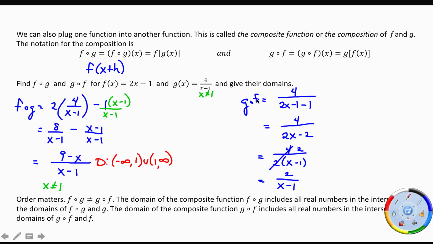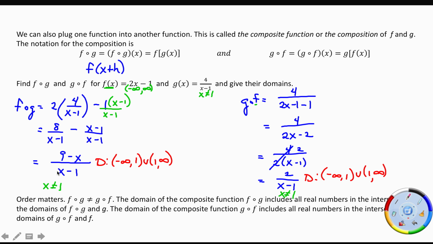If I were asked to find the domain for this function, I find the domain for my combined function and the domain for the one that was plugged in, the second one, the f. This is all real numbers. So then I find the intersection between these two, which is the fact that x cannot equal 1. It's just a coincidence that these domains wound up being the same thing, right?